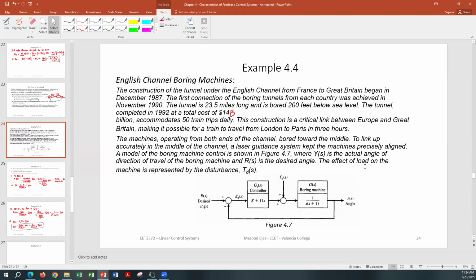So Y(s) is the actual angle at which the boring is happening, and R(s) is the desired angle. You basically want zero error between the desired angle and the actual angle, but there will be some error and you want to minimize that error. That's the block diagram of the control system that is controlling the boring machine.